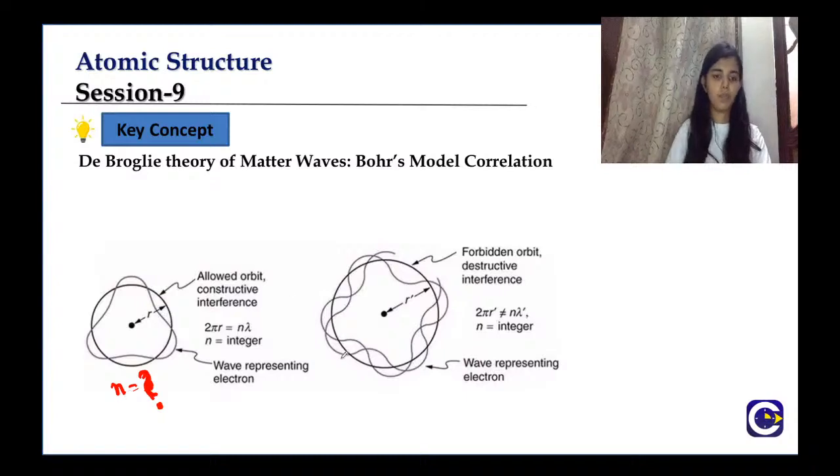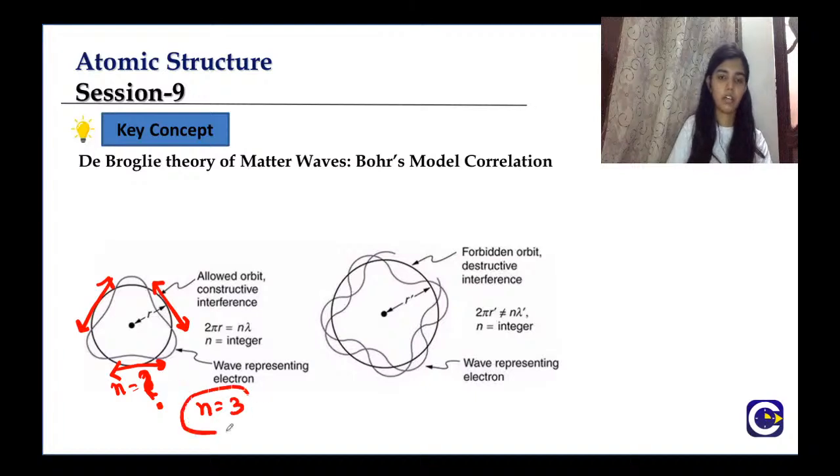Can someone tell me? It is consisting of 1, 2, 3 crests, right? So 1 lambda is this, 1 lambda is this, and 1 lambda is this. So n will be equal to 3 here. So 2 pi r will be equal to 3 lambda. The circumference is covered by 3 wavelengths.